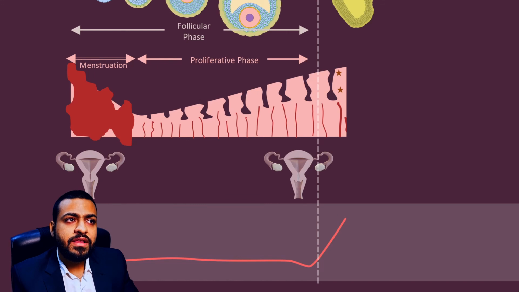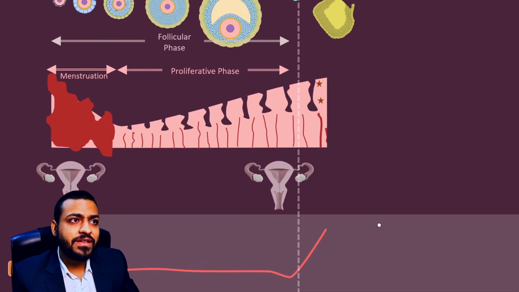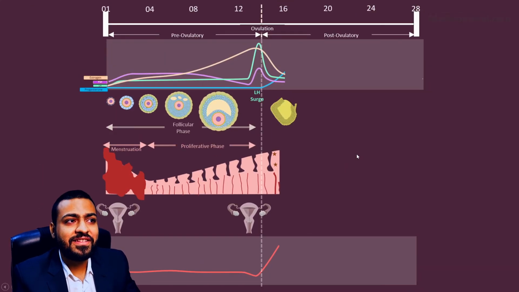I don't know what the significance is. Probably this increased basal body temperature is needed for development of the baby. Maybe the baby needs that motherly warmth for proper development. I don't know what the reason is, but that's what it is.